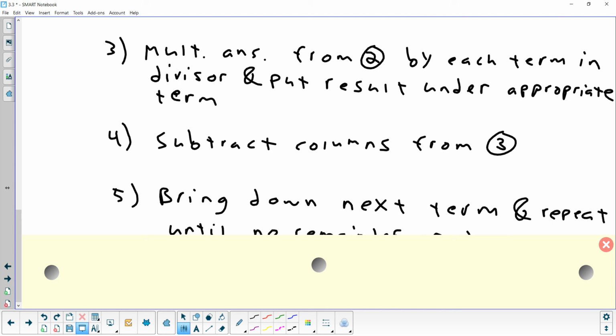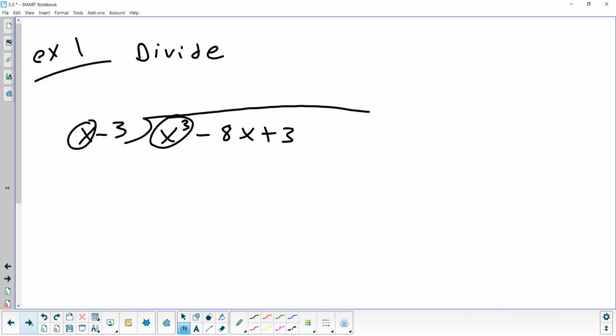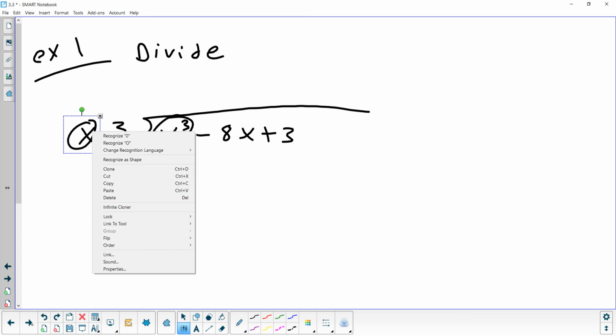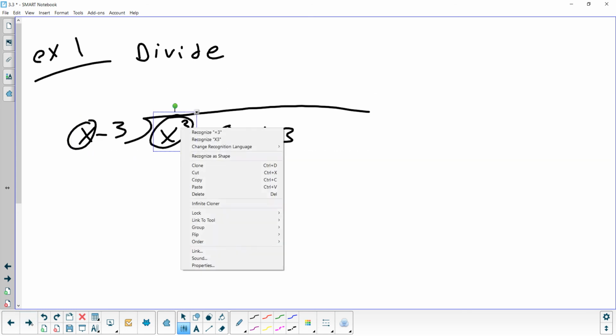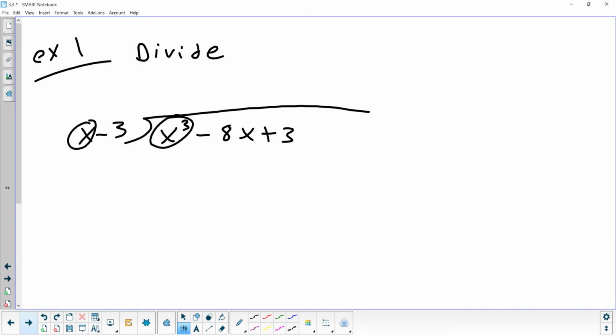You keep repeating steps 2 through 5 until one of two things happens. Either the exponent on the inside is less than the exponent on the outside. So the exponent on the outside here is a 1. On the inside it's a 3. You've got to keep going until this exponent, that's a 3, is less than this exponent, that's a 1.